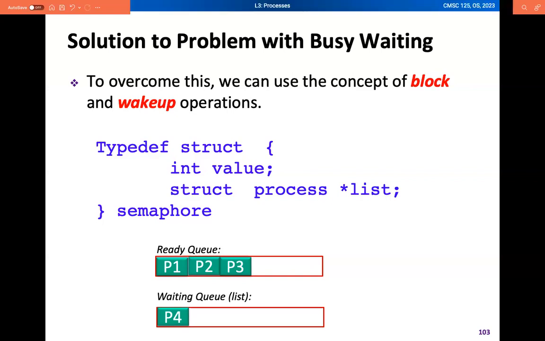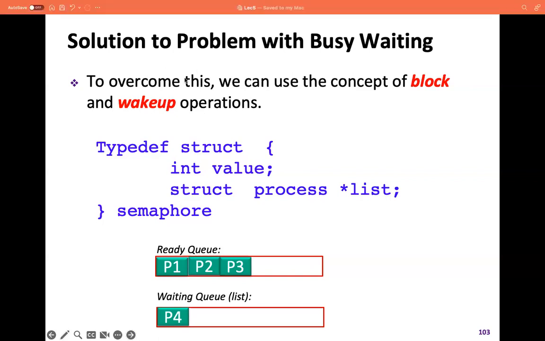The suspend operation places a process into a waiting queue that is associated with the semaphore, and the state of the process is switched into a waiting state. So, as I said, in order to overcome the problem of busy waiting, instead of wait and signal, we can make use of the concept of block and wake up operations.